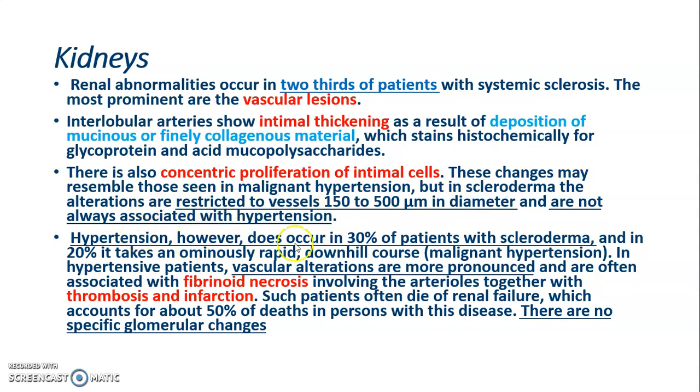But hypertension may occur in 30% of the patients with scleroderma, in which vascular alterations are more pronounced, associated with fibrinoid necrosis involving the arterioles together with thrombosis and infarction. There are no specific glomerular changes in scleroderma.